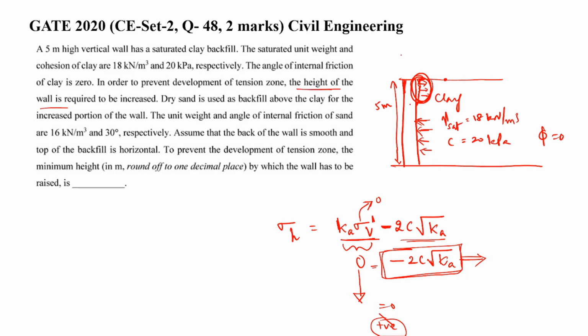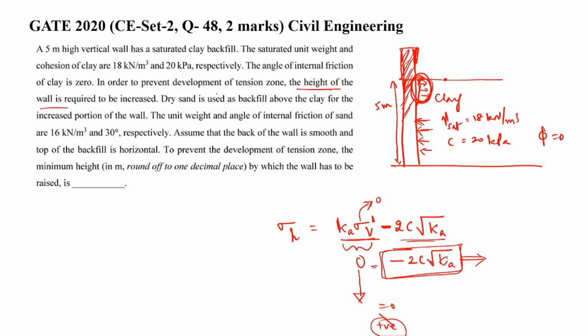To avoid that, what did they do? They wanted to increase this retaining wall height. By increasing the retaining wall, will anything happen? No. It's all about pressure from the clay. Why are they increasing this wall? To keep another soil, so that the tension zone will be nullified.